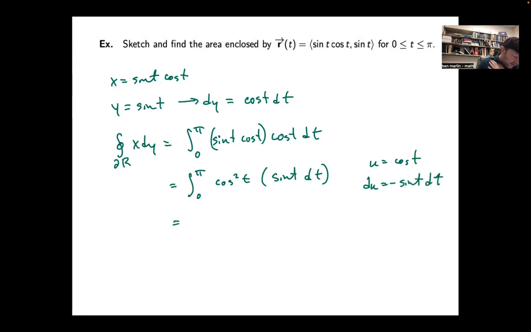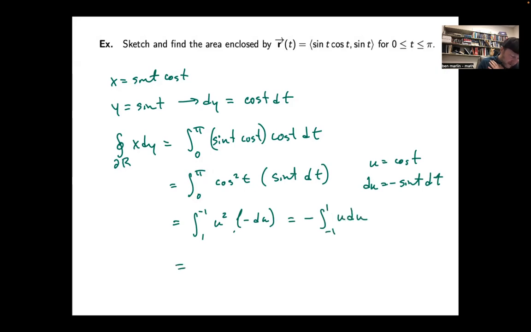And so when we integrate this, we'll have a u squared and a minus du. When t is equal to 0, u will be 1, and when t is equal to pi, u will be minus 1. So that's minus integral minus 1 to 1 u squared du.